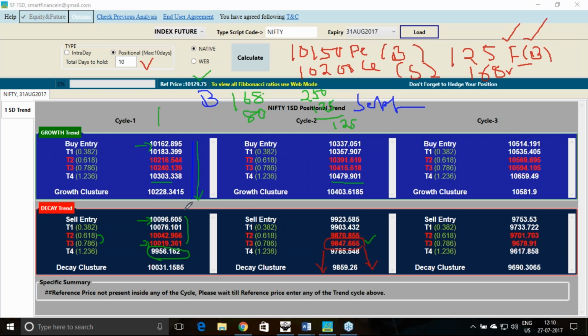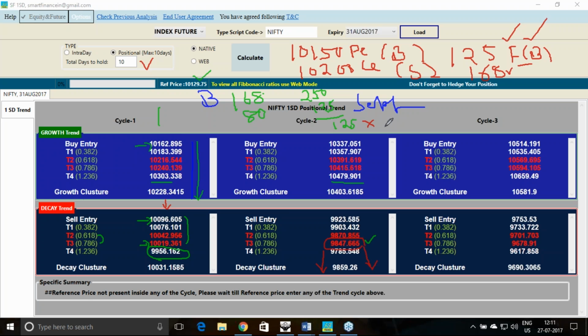But if it is moving in the upward direction and keeping that upward momentum intact and completes this first cycle, then your profit will not be compromised. Out of this 125 points, at least 40 to 60 points of profit you can enjoy.